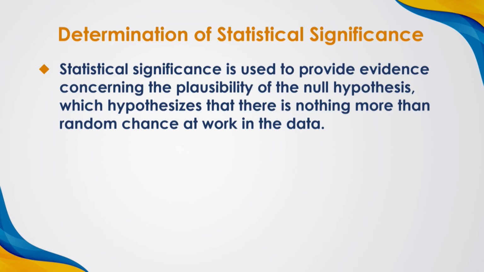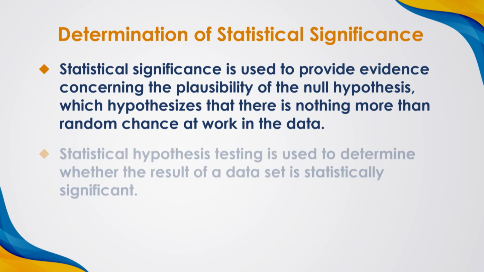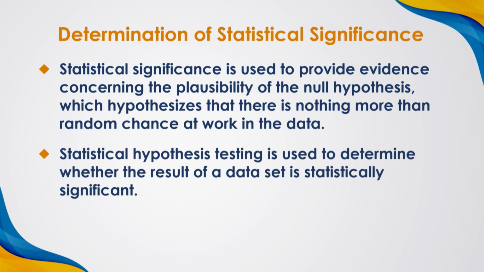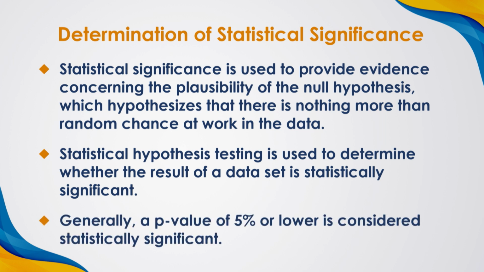Coming to the determination of statistical significance, how can you determine it? Statistical significance is used to provide evidence concerning the plausibility of the null hypothesis, which hypothesizes that there is nothing more than random chance at work in the data. Statistical hypothesis testing is used to determine whether the result of a data set is statistically significant.